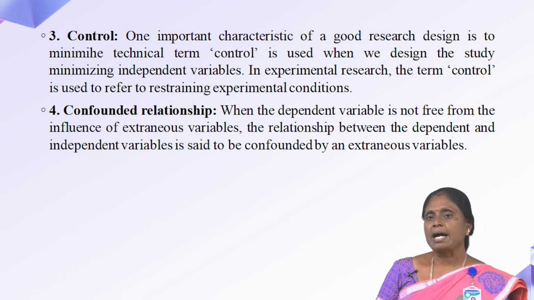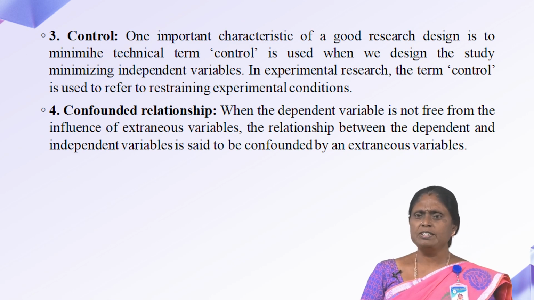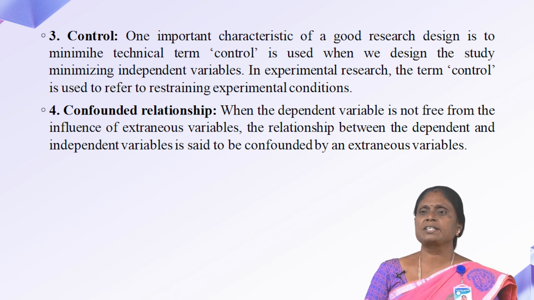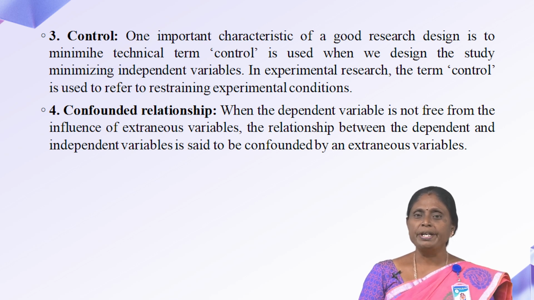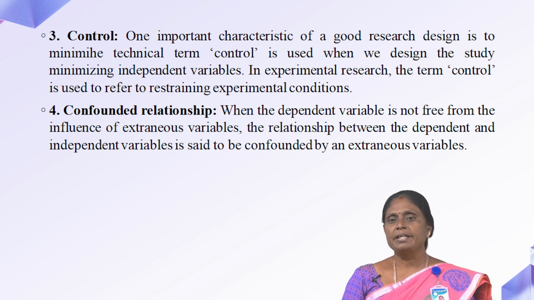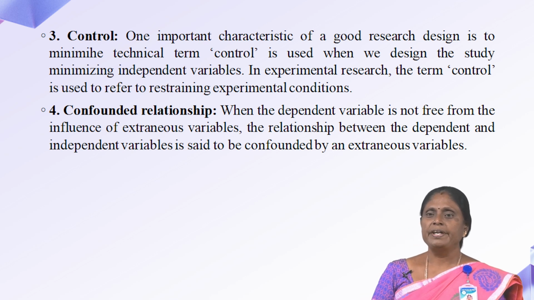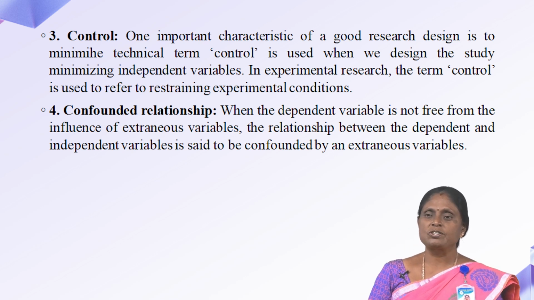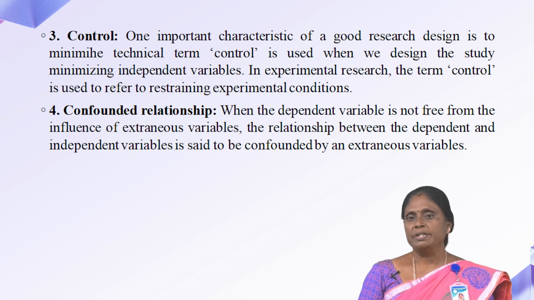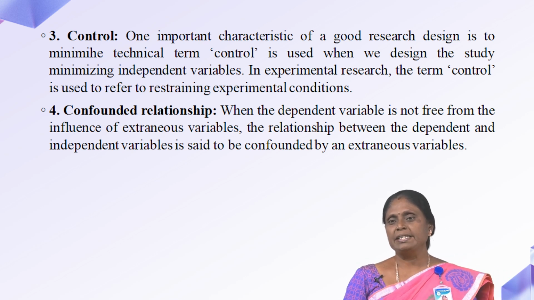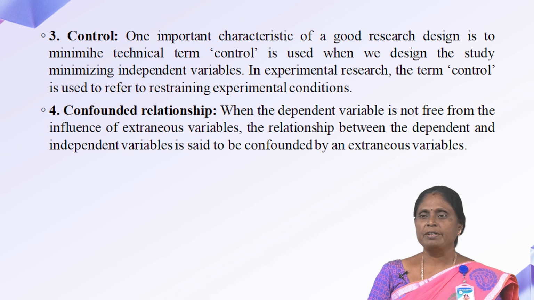See, the third one, control. One of the important characteristics of a good design is to minimize the influence or the effect of extraneous variables. The technical term is control, used when we design the study. Next, minimizing the effects of extraneous independent variables.